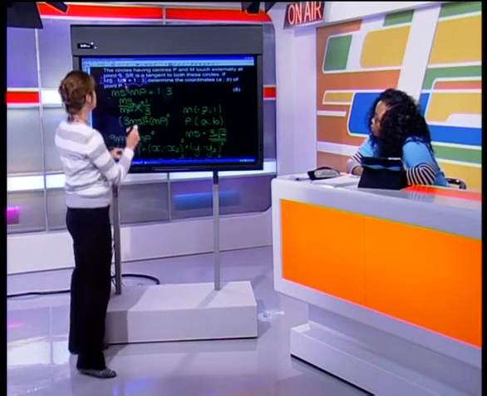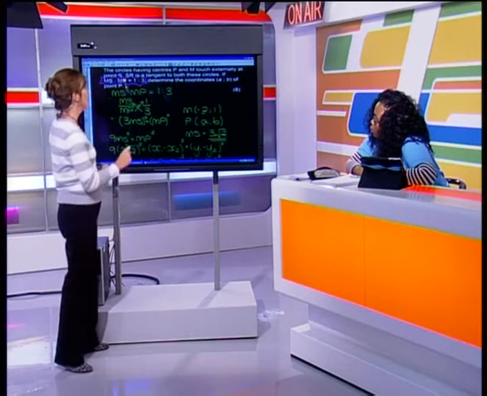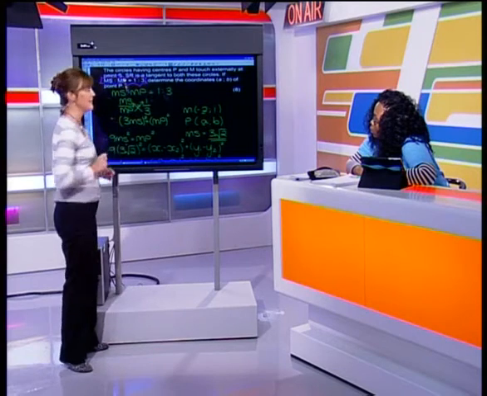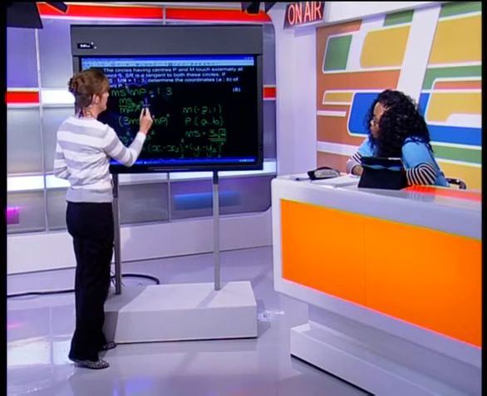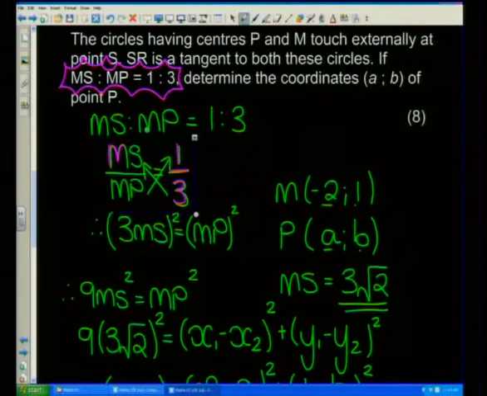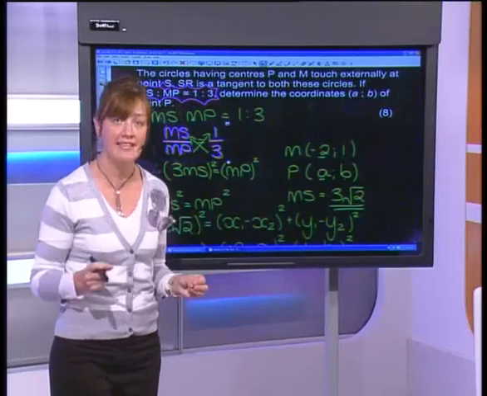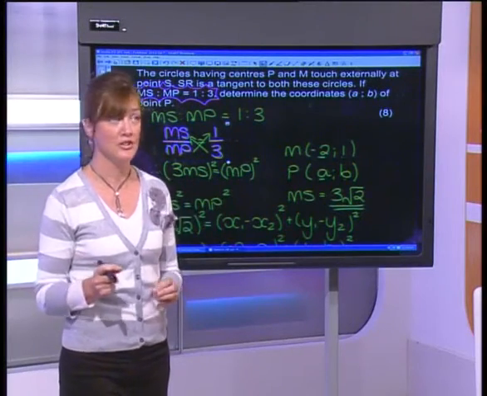Remember that when you're working with a ratio, you can write it as a fraction, okay? So instead of writing it as MS to MP, rather write it as MS over MP, and that's equal to your 1 over your 3. It just makes it a lot clearer in terms of working out and actually just to make an equation out of it. Okay, so when you see that ratio, that's what you need to do with it.